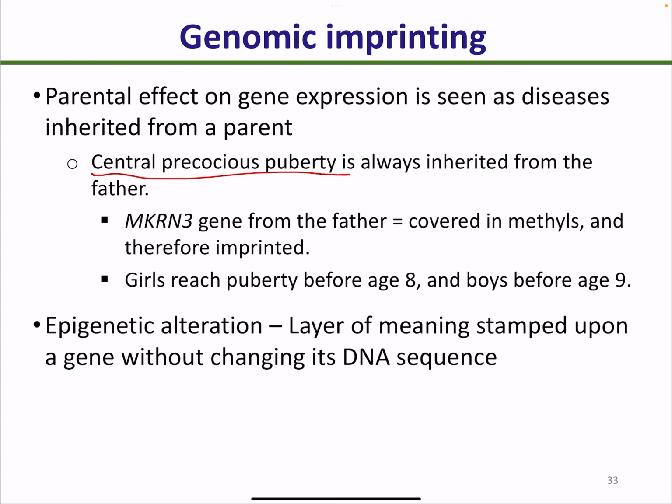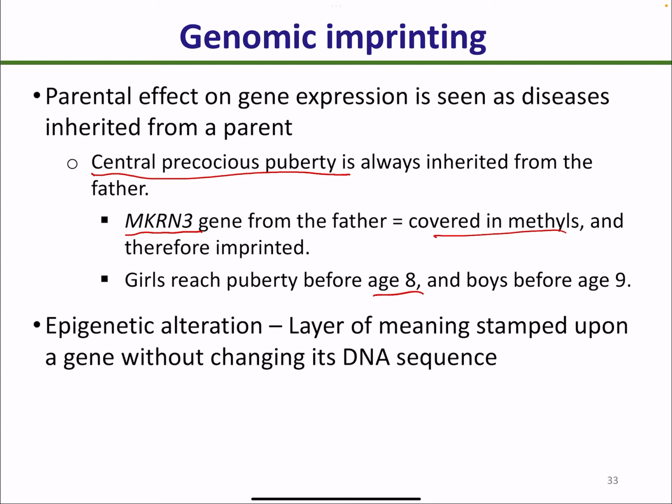And actually, this is caused by a gene called the MKRN3 gene that is again inherited from the father, that when covered with methyl is going to be imprinted, and as a consequence of that, the girl is going to reach puberty at a very early age, as early as before 8 years old. Okay?